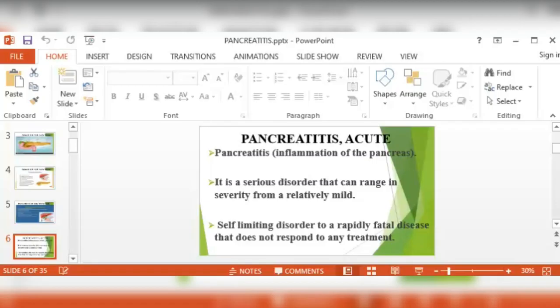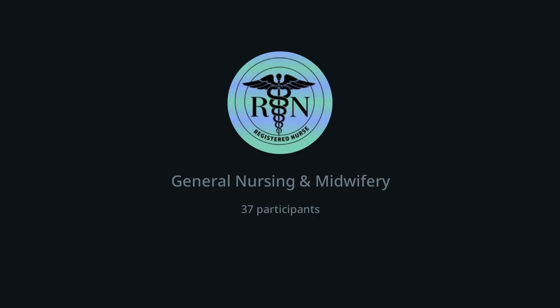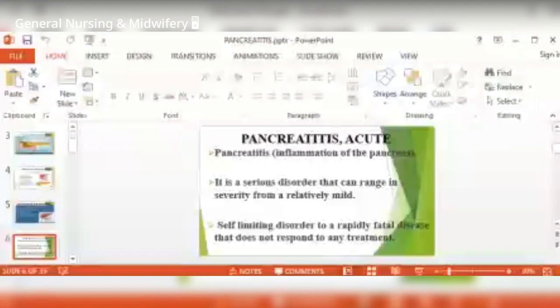It is the inflammation of the pancreas, and it is a serious disorder that can range in severity from relatively mild, and it's self-limiting as compared to the chronic. So you just describe the acute pancreatitis with the characteristics of acute disease conditions. So acute pancreatitis, the onset is very rapid, and then the level of deterioration of the pancreas is limited, and it can resolve as time goes on, and it doesn't stay long.